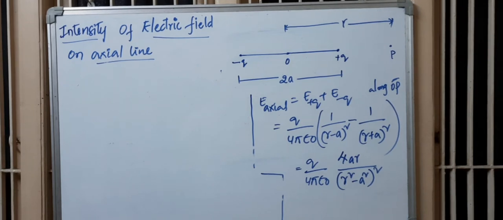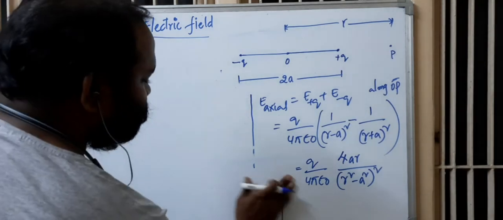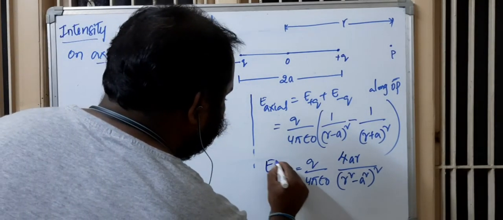When we substituted the values, we got Q by 4 pi epsilon naught, which we had taken as common, and the remaining is 1 by (r minus a) whole square minus 1 by (r plus a) whole square along OP. On solving what is inside the brackets, we got 4ar by (r square minus a square) whole square. So this is the net electric field.